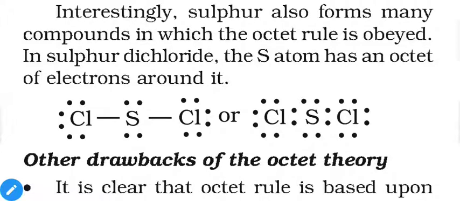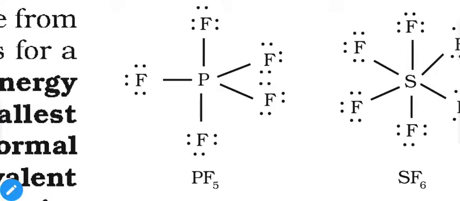But when they also use d orbitals, they do not follow the octet rule. The same type of situation can be seen for phosphorus as well. As mentioned in the previous case, phosphorus has a total of 10 valence electrons, which you can see in the PF5 molecule.